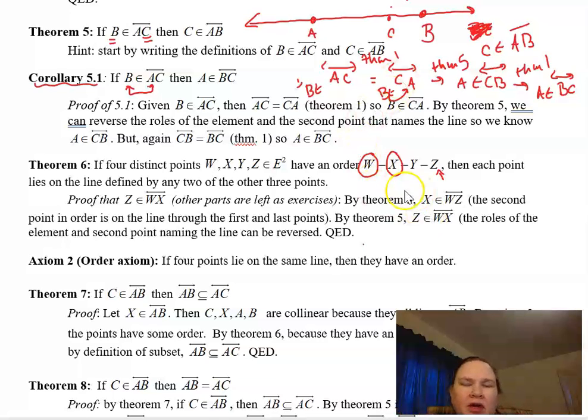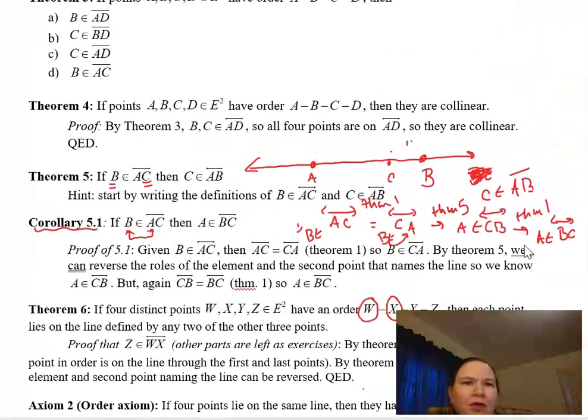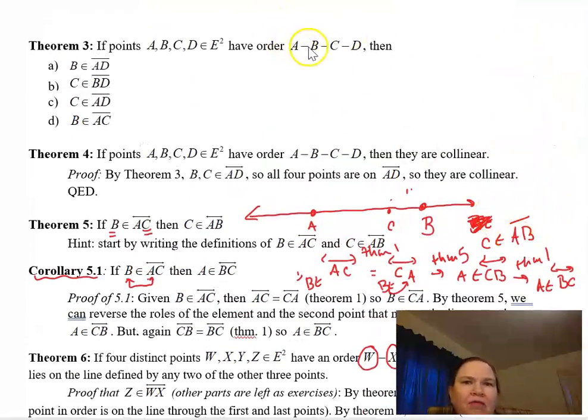So the first thing we do is we go back up and we use theorem 3, which is all about when you've got points in order on a line. And A and C say that these middle 2 points are on this segment between the first and the last.